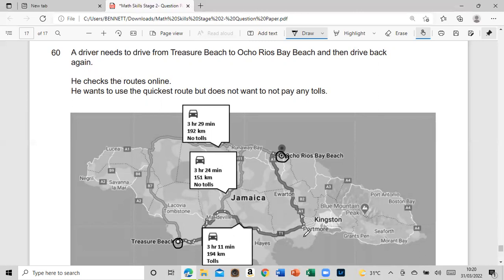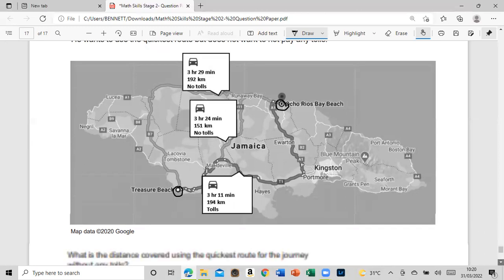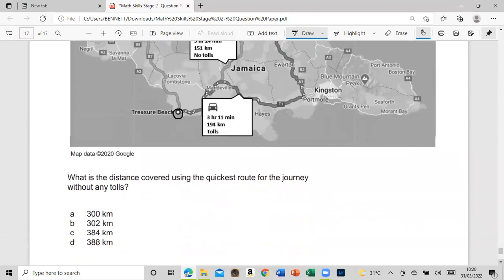What the hell is this? So why not? You can't buy this one. These are 3 hours, 20 minutes. What is the distance covered by using the quickest route for the journey without any tolls?